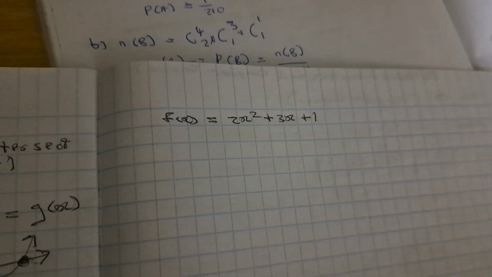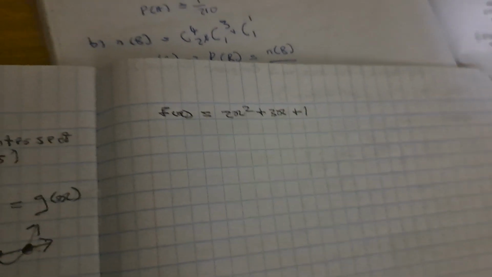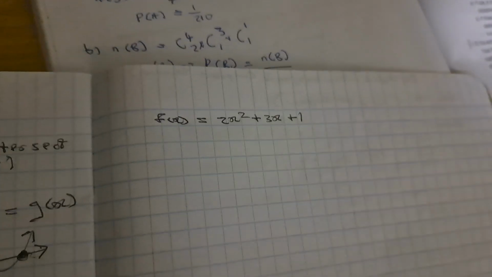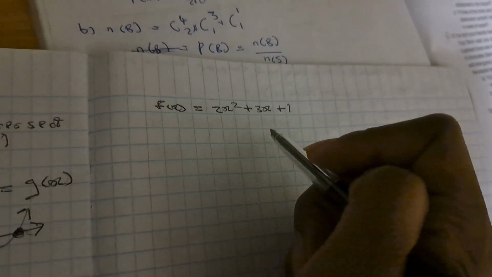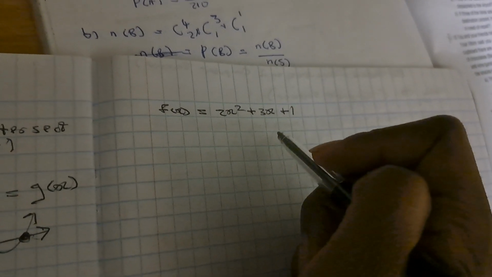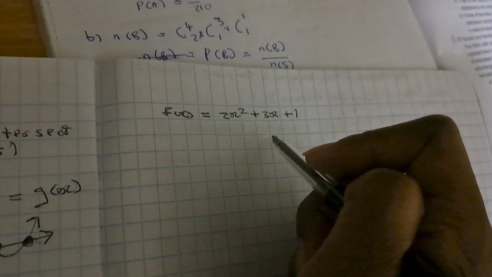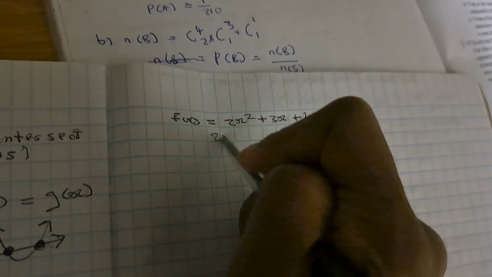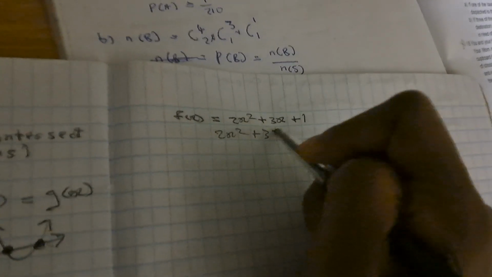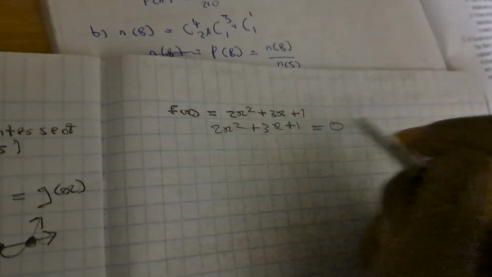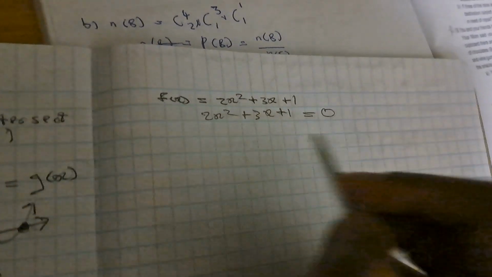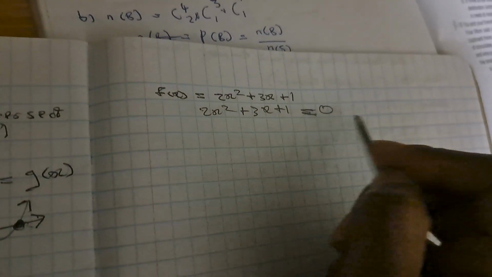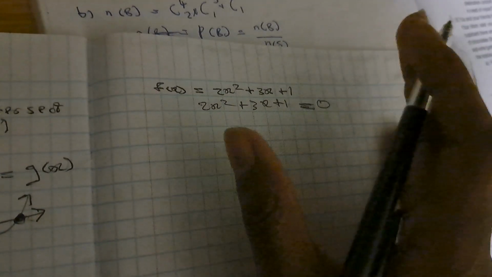It's like the Holy Trinity: Jesus, God, Holy Spirit, that's one thing. It's the same thing here. So you'll equate this to 0 because you're looking for the zeros, the x-intercepts, or the roots. So you'll say 2x squared plus 3x plus 1 is equal to 0. And then you look for your x values, which are zeros. That's why they are equal to 0. I hope you get that point.